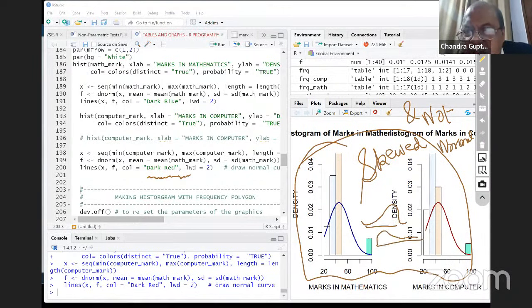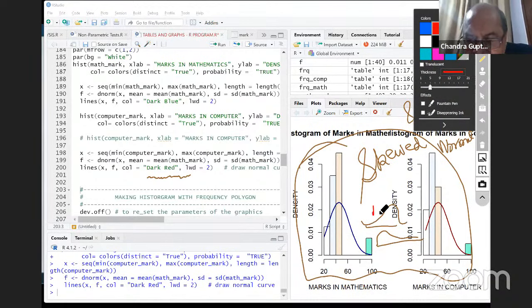Which is positive, which is negative? This is my A, this is my B. Positively skewed. Yes, it's leptokurtic because it's having more peak. The distribution is not normal, that's what it is.